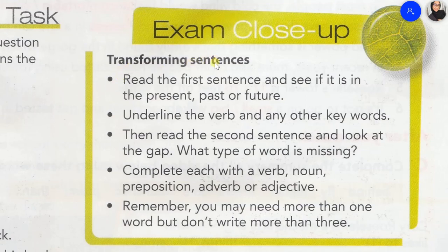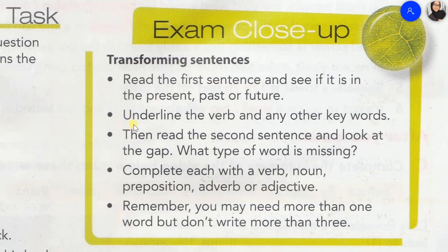So when transforming sentences, first you need to read the first sentence and see if it is in the present, past or future. Bila baca the first sentence tu, you kena identify, kenal pasti. Sentence tu menggunakan present tense ataupun past tense ataupun future tense. Okay.